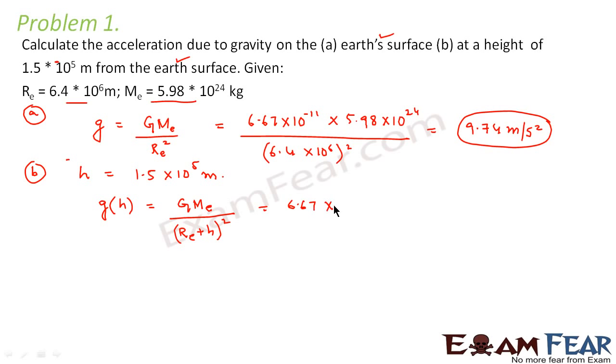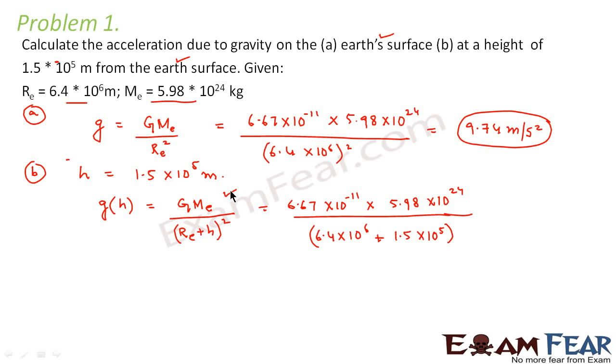It will be 6.67 x 10^-11 into 5.98 x 10^24 divided by Re plus h. What is Re? Re is 6.4 x 10^6 plus h is 1.5 x 10^5. See, in this case, you can use both the formulas.